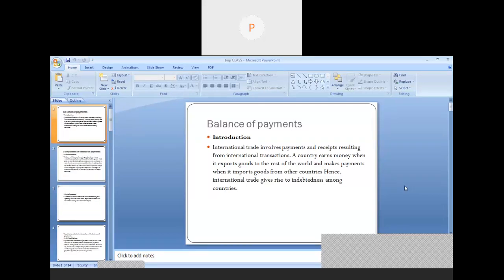When a particular commodity is exported, or some services are provided by country A to country B, then we will have some export receipts. So between the two countries there are going to be some payments and receipts, right?